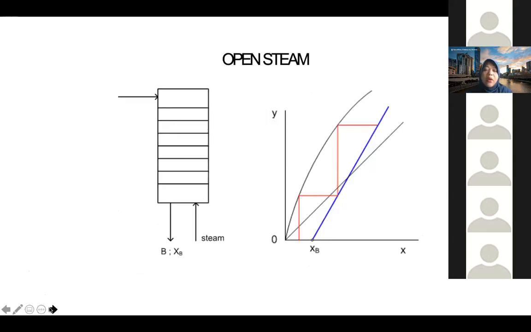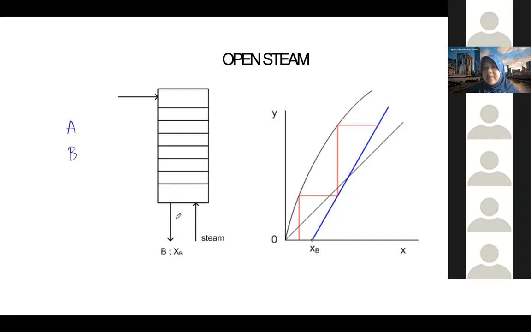Okay, so one more actually. Sometimes we have what we call open steam. This is for two components, where A is a component and B is water.